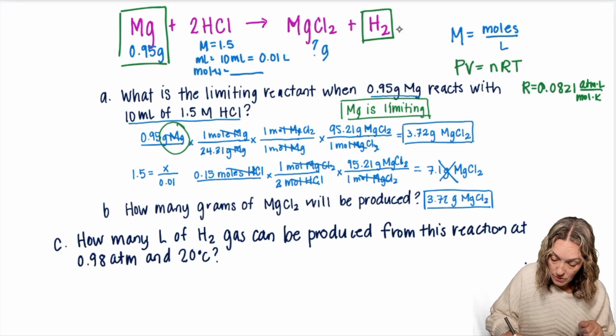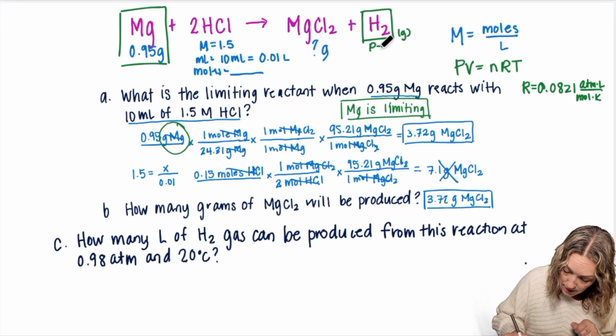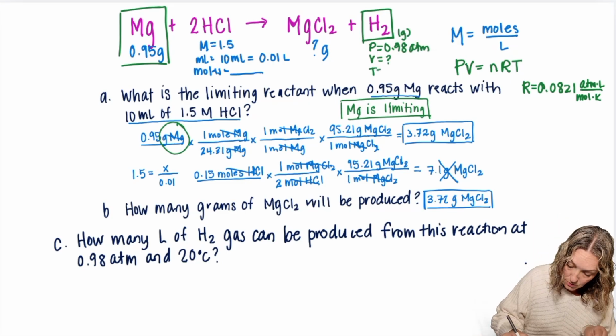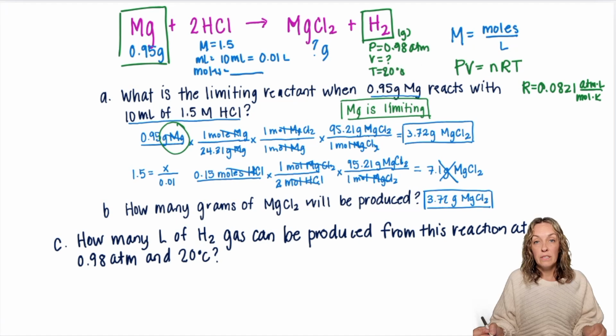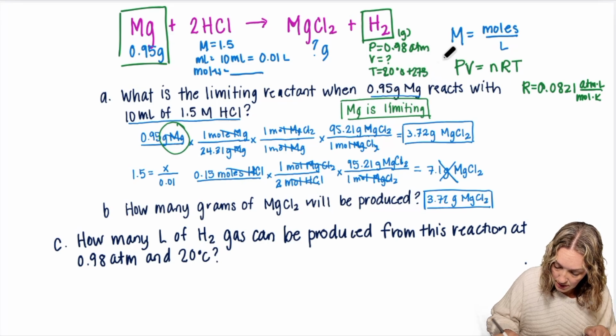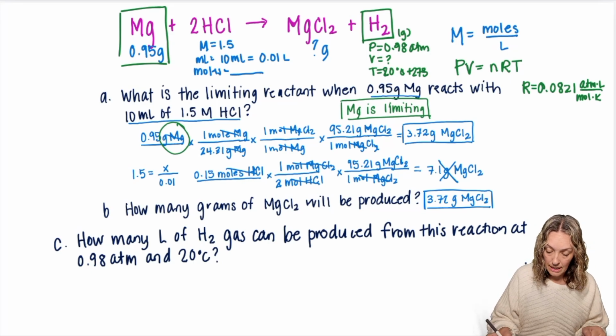It tells me that hydrogen is a gas and that I do know the pressure is 0.98 atm. I don't know the volume, but I do know the temperature is 20 degrees Celsius. Whenever we are dealing with gas laws, we need to make sure that we convert our Celsius to Kelvin by adding 273. That is going to give me 293 Kelvin.